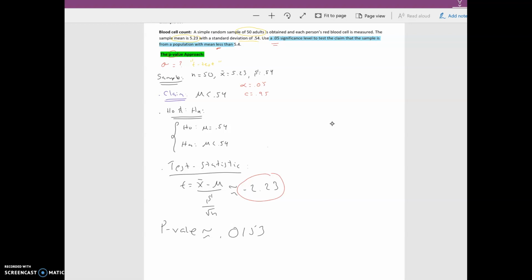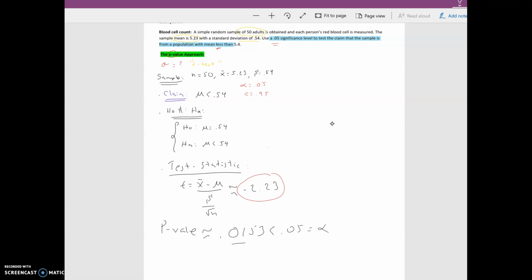And then the last portion of it is your p-value. You're going to be comparing it to alpha. As you compare it to alpha, 0.0153 happens to be less than 0.05, which is equal to alpha.